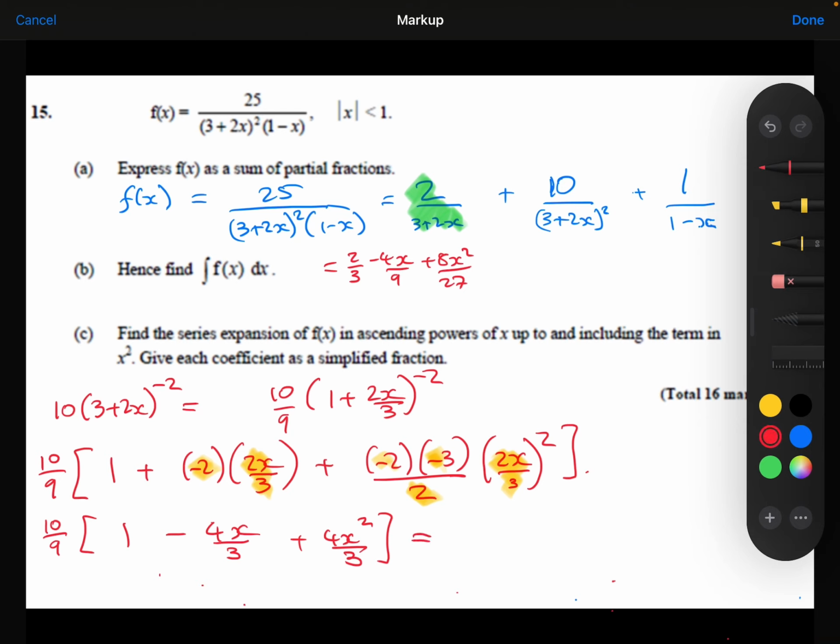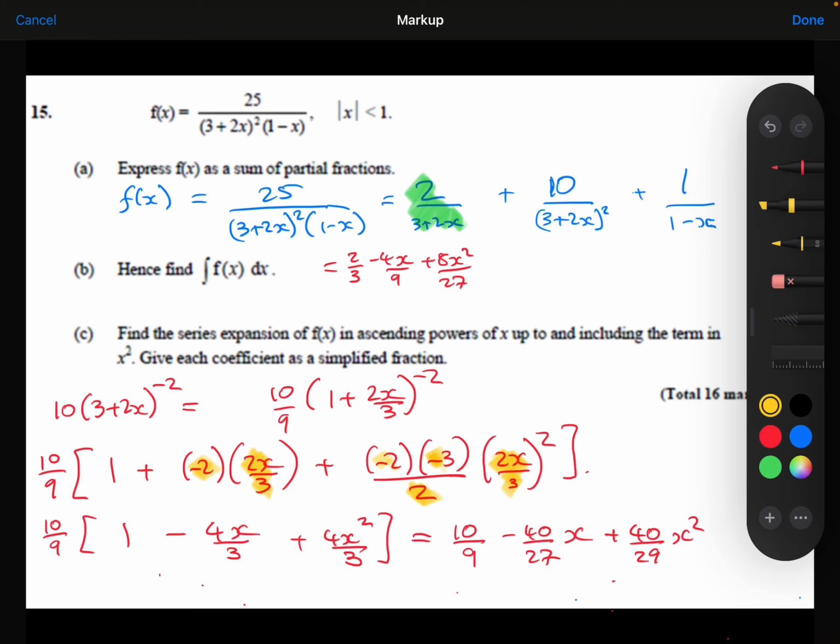Now let's multiply each term there by 10 over 9. So 10 over 9 times 1 is 10 over 9. 10 over 9 times 4 thirds will be 40 over 27, which we could simplify down a little bit, but we can do that in a minute. Then the 10 over 9 times 4x squared over 3, so again, that's going to be a 40 over 27 x squared.